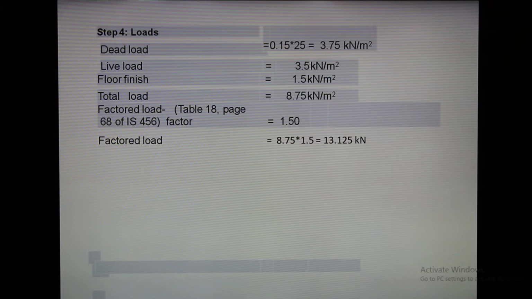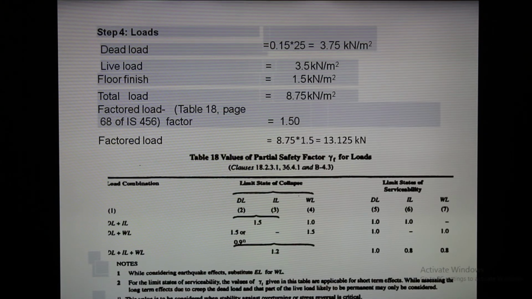Next step is we have to find out the factored load, for which we have to find out the partial safety factor from table 18 of page 68 of IS 456. This is the table. Here the partial safety factor given is 1.5. So factored load is load into 1.5, that gives 13.125 kN.